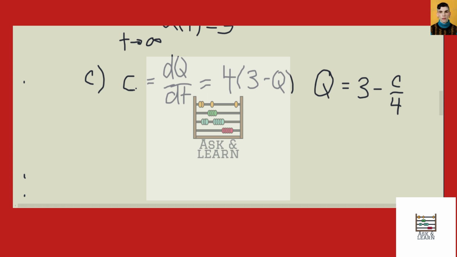This is what we calculated earlier. And we know this is an equilibrium solution if c is equal to 0. So we have an equilibrium solution of q(t) equals 3.